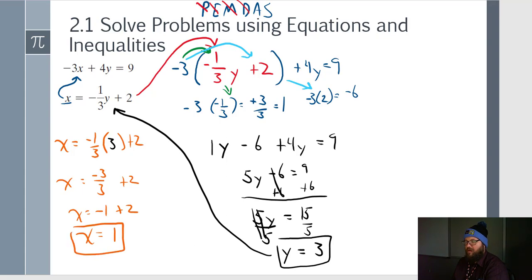So the answer for this point is x is 1 and y is 3. That is the overall point that works for these equations.